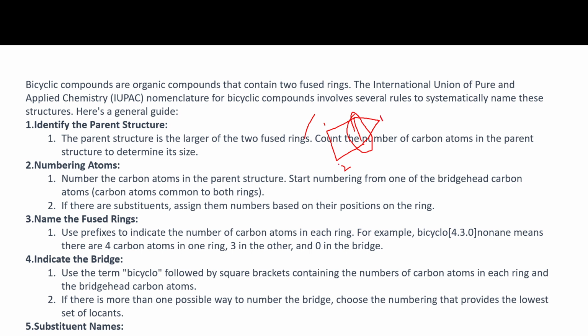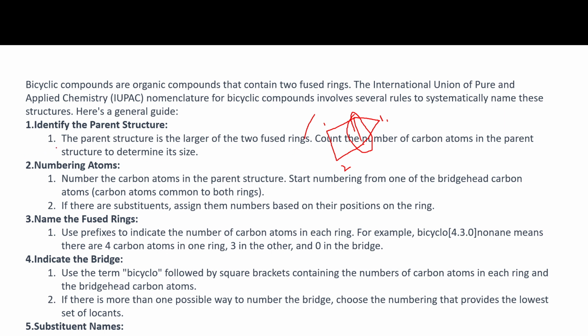So we name it bicyclo, 2, then this will be 1, then the number of carbon atoms in between, where there is no bridge, will be 0. That is bicyclo[2.1.0], and the total number of carbon atoms is 1, 2, 3, 4, 5, so it is pentane. Like this we have to number for the bicyclo compound.